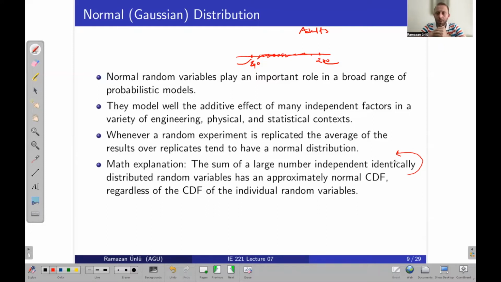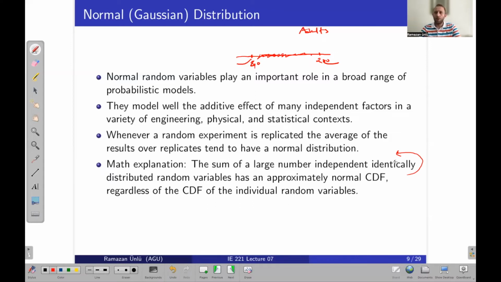So what I mean is, let's say you are doing an experiment associated with some random variables, and let's say those random variables are said to have a Poisson distribution or another distribution. If you repeat this experiment many times and average those random variables in each experiment, then all those averages tend to have a normal distribution.